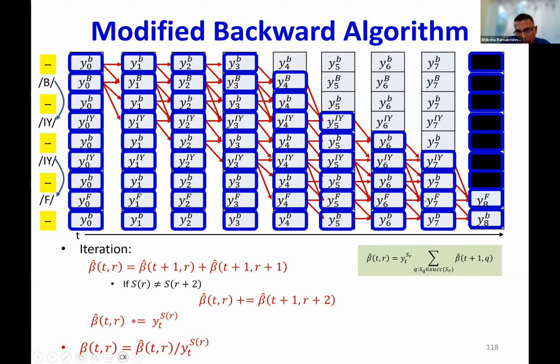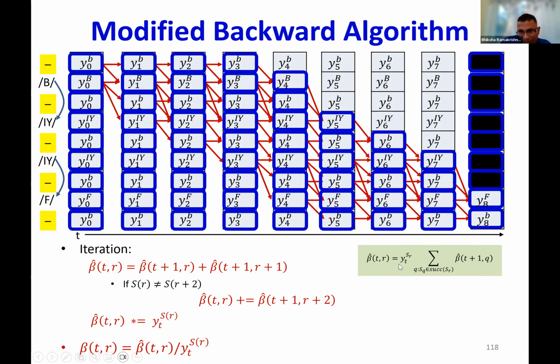At each node, you'd be summing the betas for the two immediate children, the one immediately to the right and the one below it. And only if the two symbols on either side are different, will you also be summing the beta for the node 2 rows below. And so that's going to give you the sum of all the betas of all of the children.